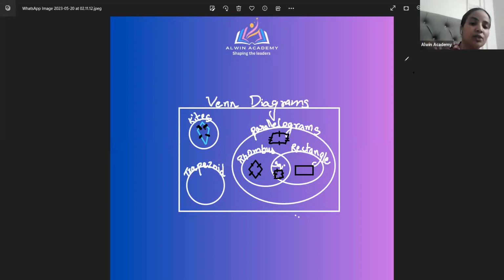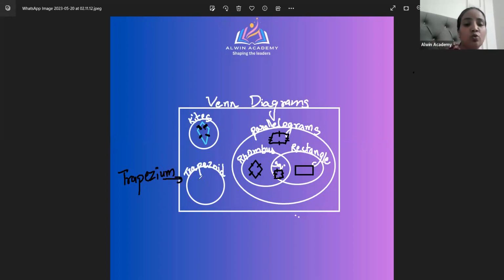Okay? Got it? Now next we are studying trapezoids. What are trapezoids? We can also call them trapeziums. Both mean the same. Now, what are trapezoids? In trapezoids, both pairs of opposite lines are not parallel. Only one pair of lines is parallel.